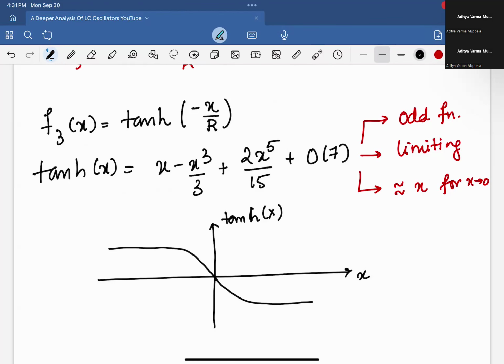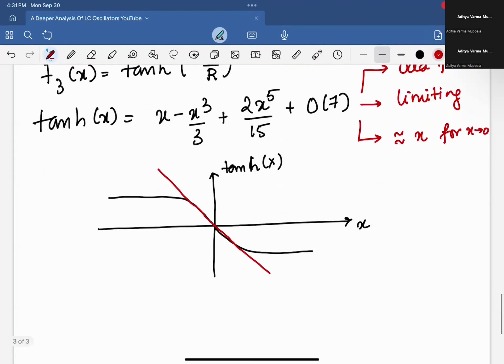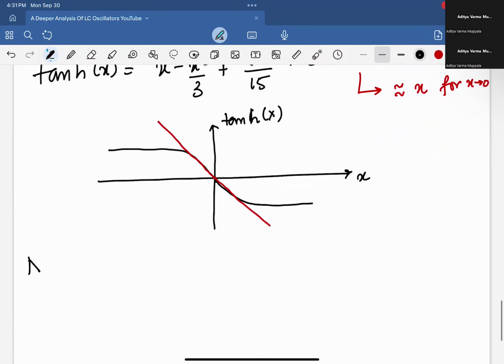And then of course, f of x equal to minus x looks like that. So very close, and this is a good example, but let me just put a note here. This is the function I've taken.